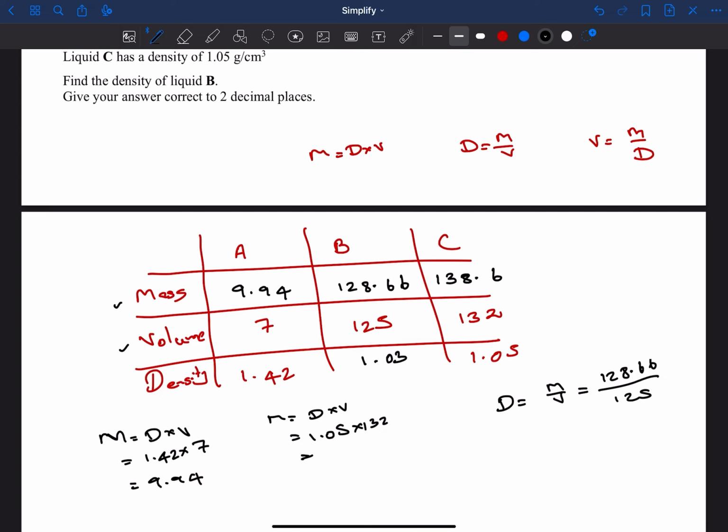What do they want? They want the density of liquid B, that's the answer. The unit is grams per centimeter cube. You know that's the unit for density, mass over volume. That's the answer. Okay, good.